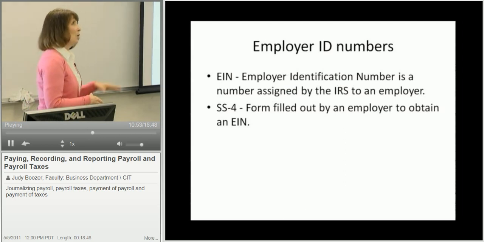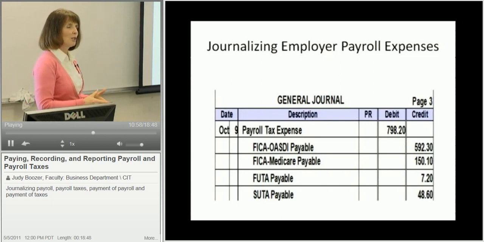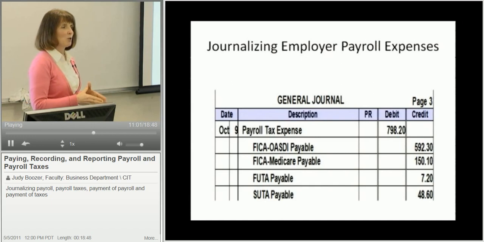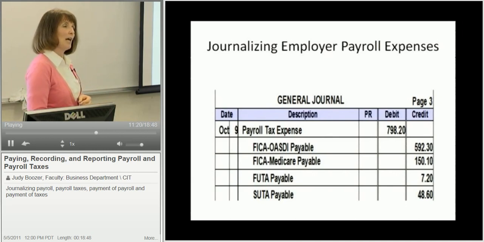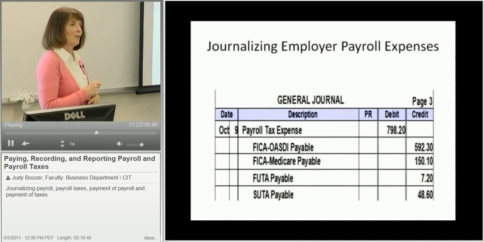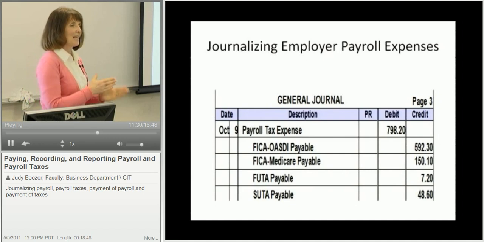Now, we showed you how to journalize the payroll from the register. We also need to learn how to journalize payroll from the employer perspective, because what do they have to pay besides the wages and salaries? Taxes, beyond what they have to pay in salaries and wages. So here's an example of a journal entry for the employer part of payroll. And again, the first part is an expense called payroll tax expense.